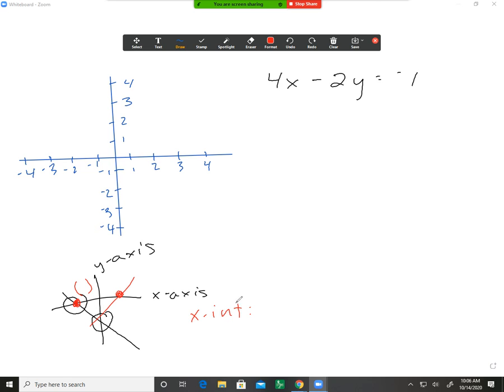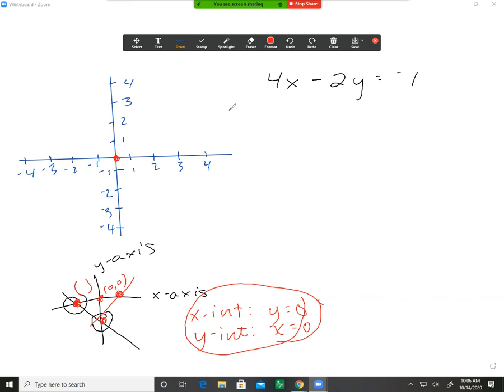Every point on the x-axis, y equals 0. Then if we look at the y-intercept, what do you think our x value is? 0, right? We aren't moving positive or negative in x. We're staying right in line with the origin. The origin is that point in the center of our coordinate plane. So for our y-intercept, x is 0. We can use this to find these points.